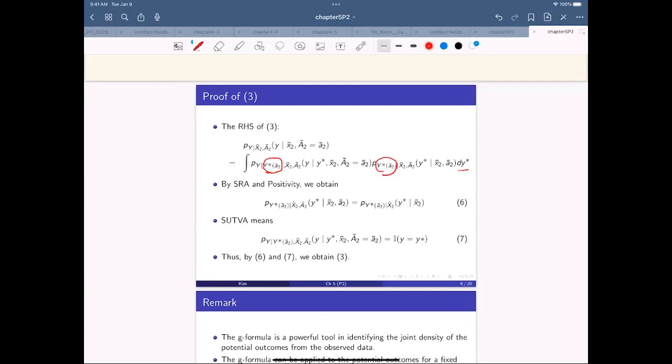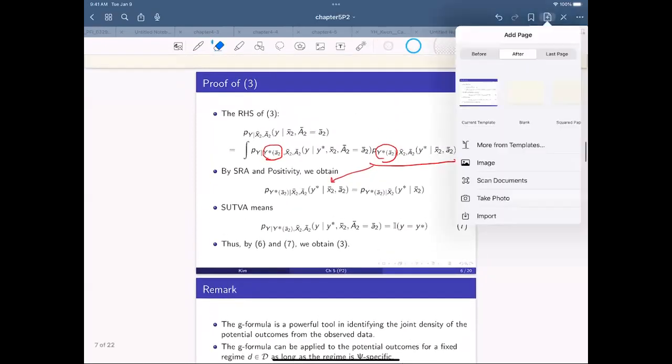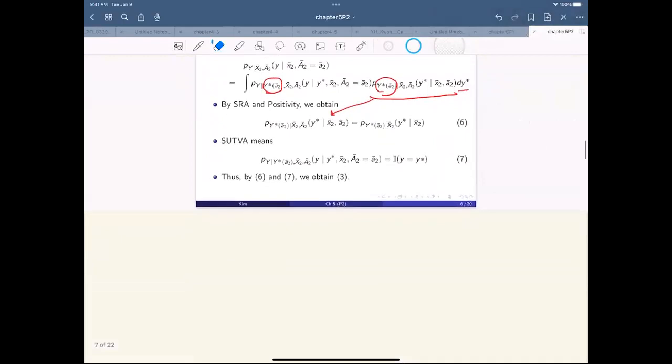So this guy, second term, is this one, and then we first use Bayes theorem to write the joint of x, y, and a2 given x. Maybe I can just prove this one more time rigorously.